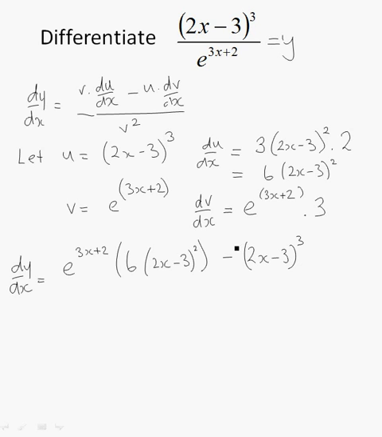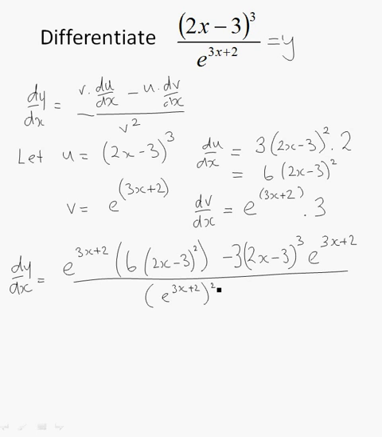So I've got a 3, I'll just put the 3 in front of the bracket, makes it a little bit tidier, and an e to the 3x plus 2, so the bracket there, and that's all divided by (e to the 3x plus 2) squared. Okay, and that is the answer.